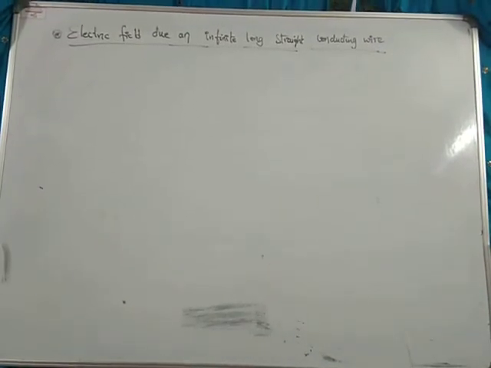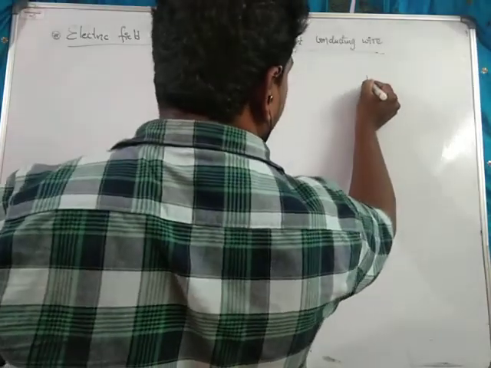So next, the first application of Gauss theorem: electric field due to an infinite long straight conducting wire. We have to derive an expression for this. Consider we have one straight wire.